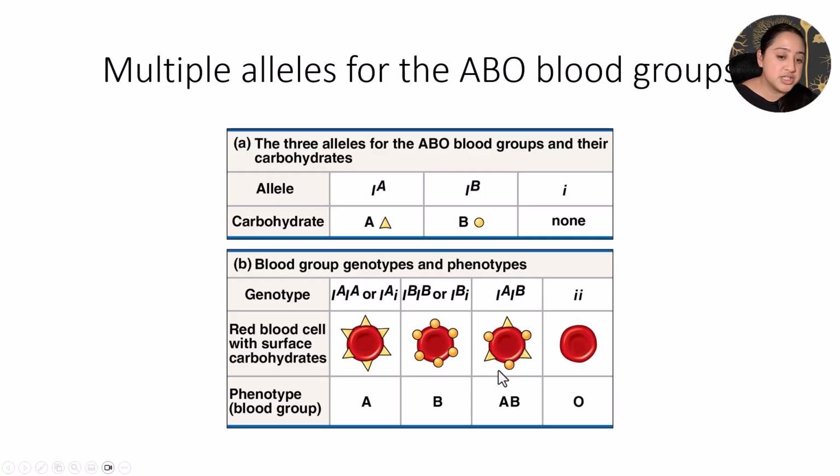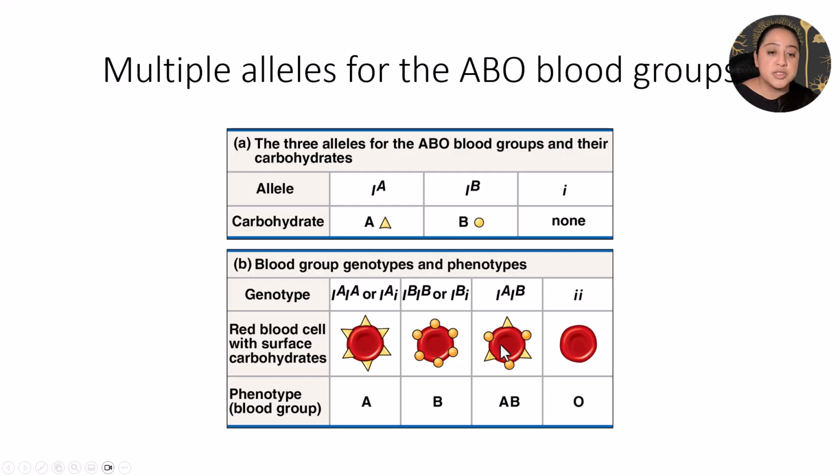So this is actually the example of codominance because they're both dominant and they're both present. Both the carbohydrate A and carbohydrate B are present in their separate distinguishable ways. So this is also an example for IAIB. This is an example of codominance.